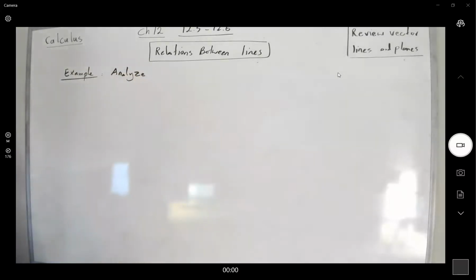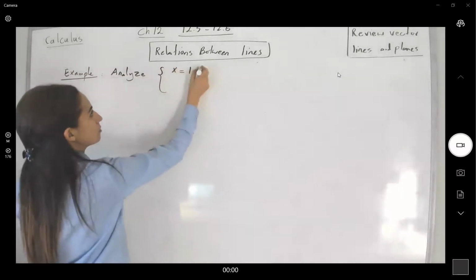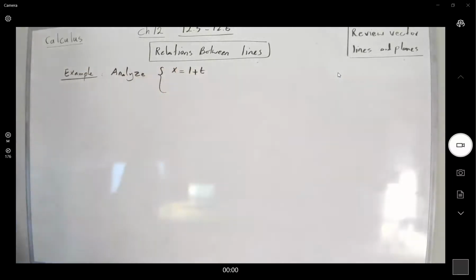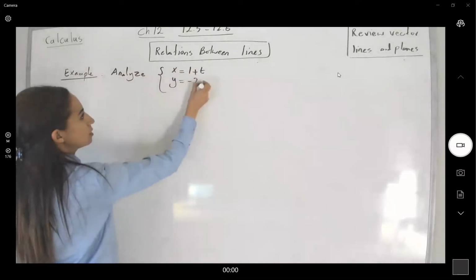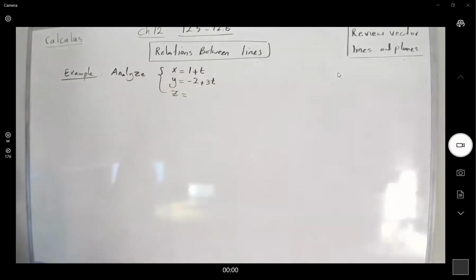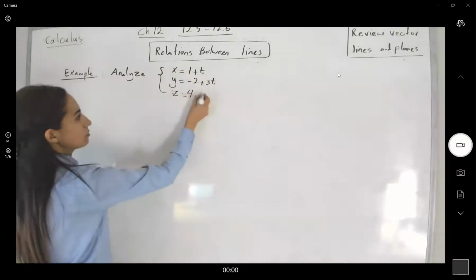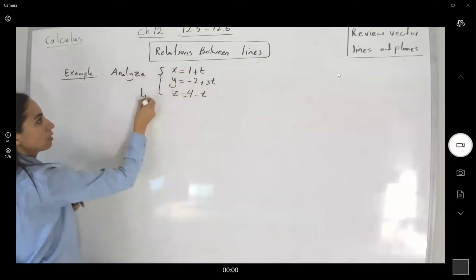One of them is x equals 1 plus t, y is negative 2 plus 3t, and z is given as 4 minus t. This is your very first line. Let us call it L1.